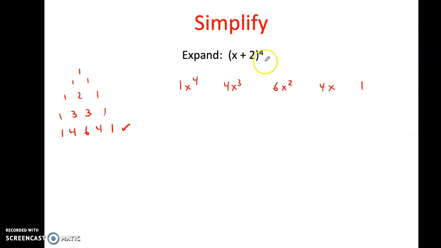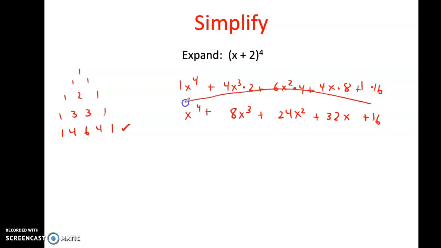Now this gets a little tricky because you're going to have 2 to the 0, which is 1, 2 to the 1st, 2 squared, 2 cubed, and then 2 to the 4th, which is 16. And they're all addition. So there's one more thing you need to do. We have to simplify. So this is going to give us x to the 4th, 2 times 4 is 8, x cubed, plus 24x squared, plus 32x plus 16. This is your final answer.